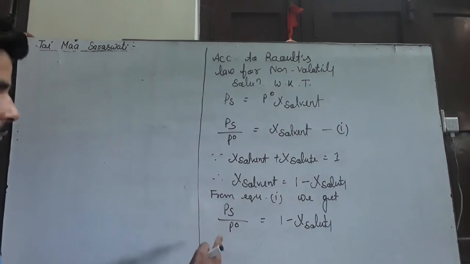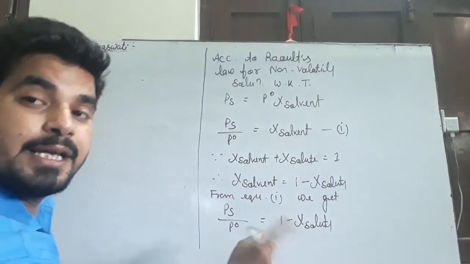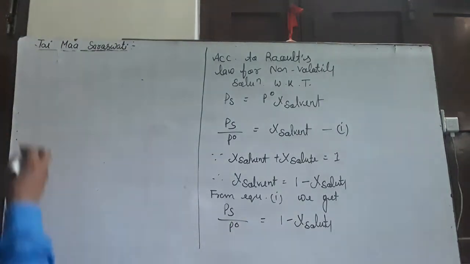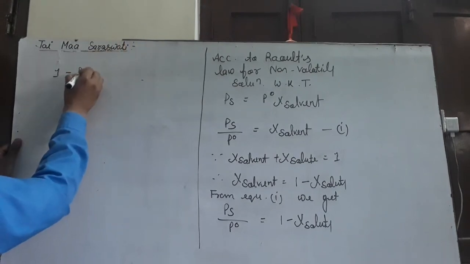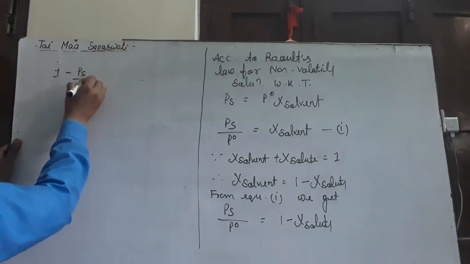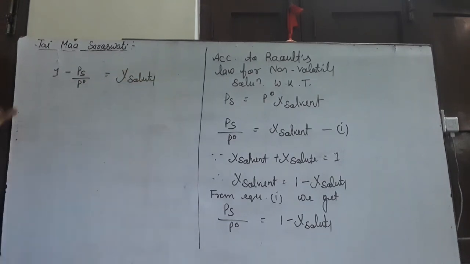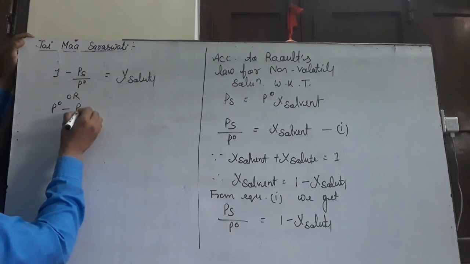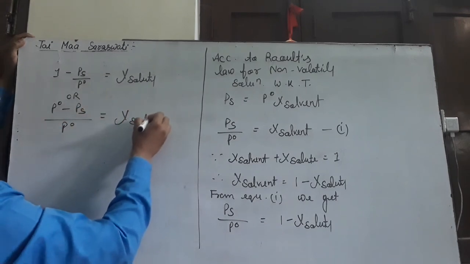After that, again the same thing, when we take 1 towards the left hand side, what happened? 1 minus PS upon P naught is equal to xi solute, or P naught minus PS upon P naught is equal to xi solute.